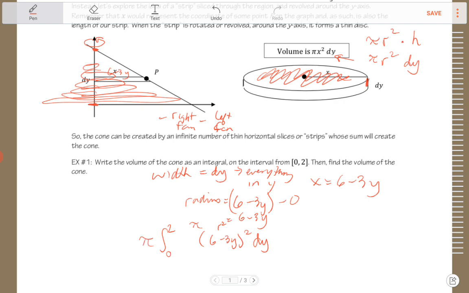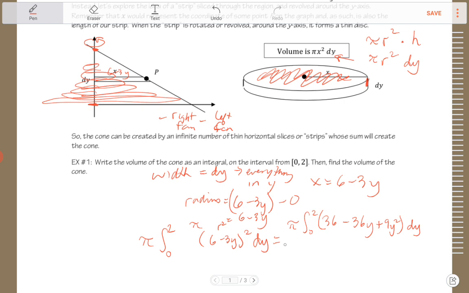And then from here, it's just basic arithmetic, right? We're going to distribute this. So we get pi times the integral from 0 to 2 of (6 minus 3y) quantity squared, which gives us 36 minus 36y plus 9y squared. And all this, remember, is with respect to y.